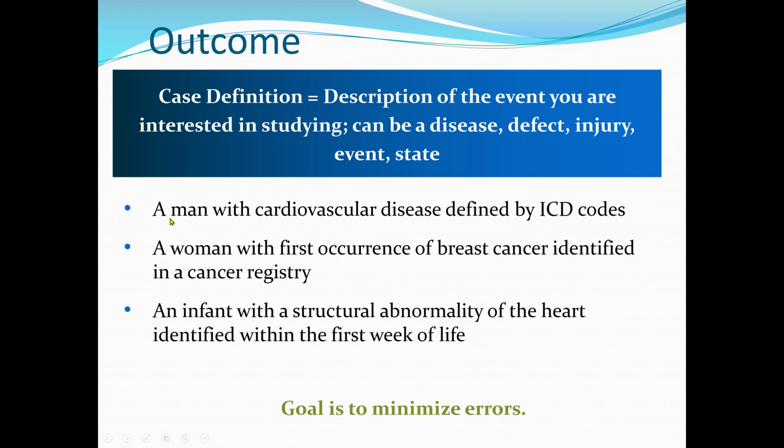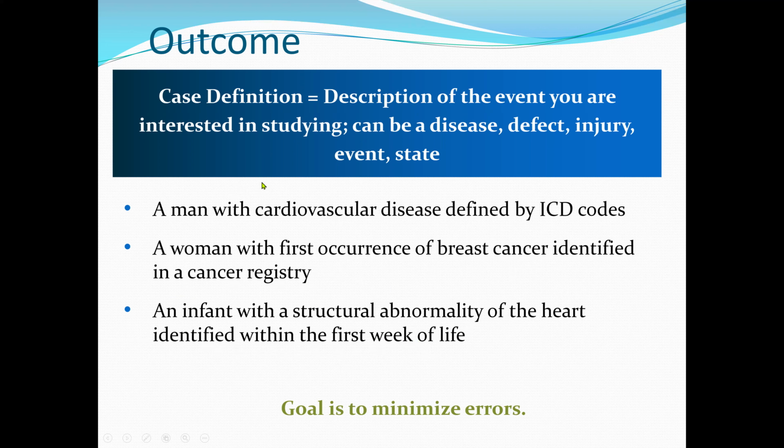We have examples here. A man with a cardiovascular disease defined by ICD codes will be a case. Or a woman with first occurrence of breast cancer identified in a cancer registry also can be a case. An infant with a structural abnormality of the heart identified within the first week of life, again, that's a case. So again, a case definition is just a description of the event.